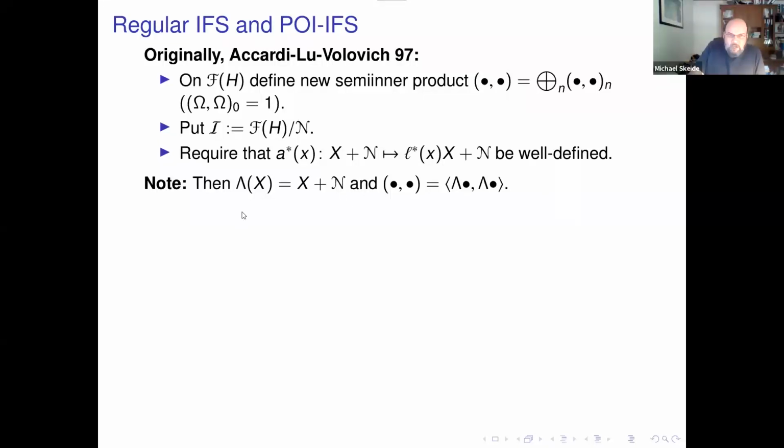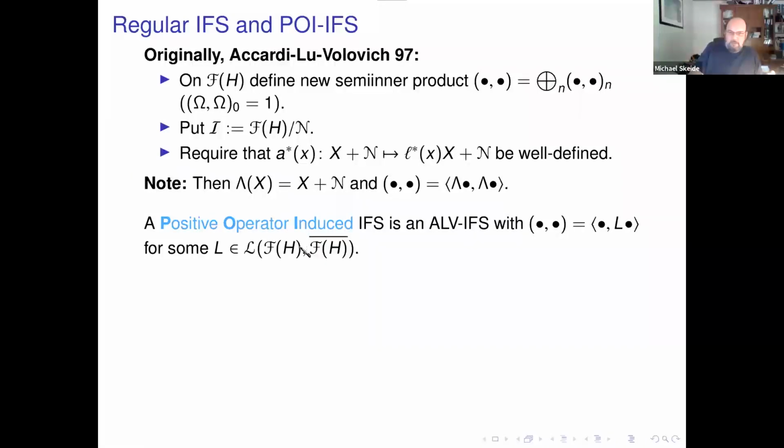If we start with this, then lambda is just the canonical map. And if we start with an interacting Fock space based on H, then we can recover a suitable inner product by this formula here. POI interacting Fock spaces, positive operator-induced, are those where this has a particular form, namely this. This is an operator that goes from the algebraic Fock space into its completion.